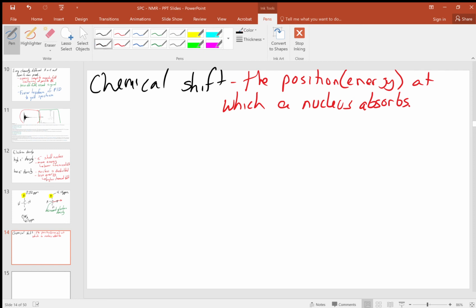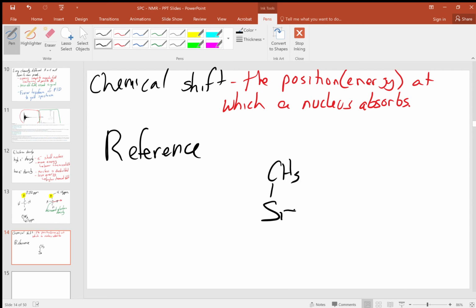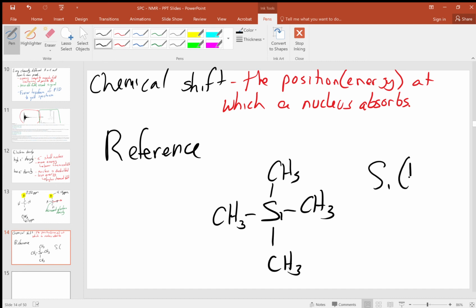The first is that we need a reference. And so the compound we use as a reference is a silicon with 4 methyl groups on it. So silicon has an electronegativity of 1.8 compared to carbon at 2.5.